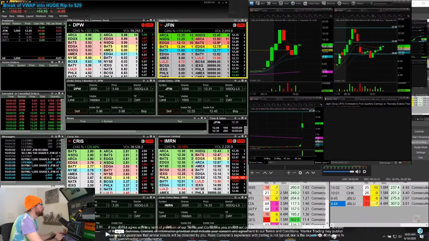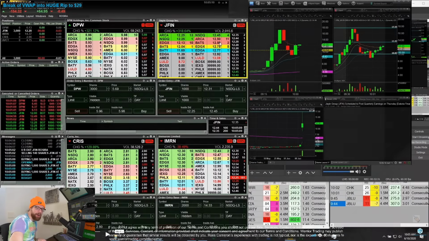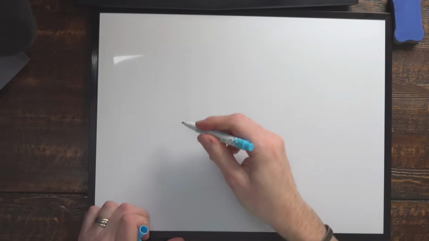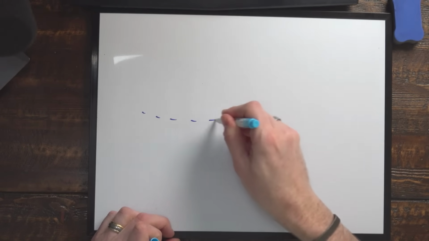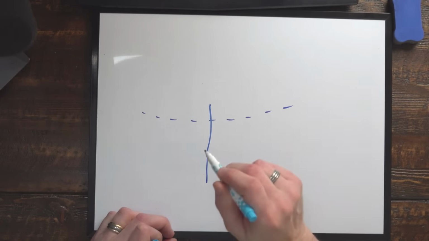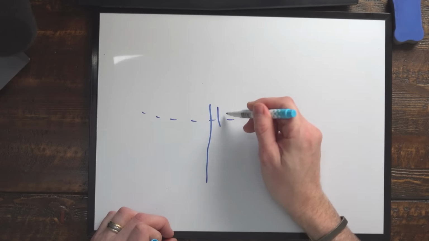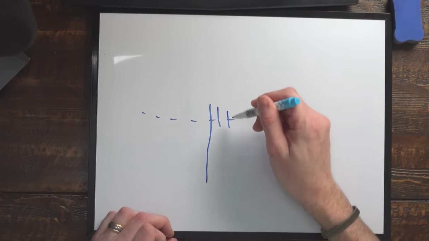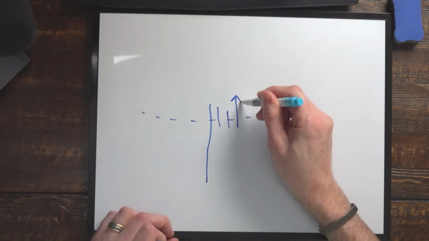Okay, so on this example right here, the stock is currently at $12.45. Note the last green candle broke over the volume weighted average price, and what it's doing right now is a micro pullback. So the VWAP is right here, and it curled up to about 12.40, and then it did the retest on a micro pullback, and right now it's coming up right there.